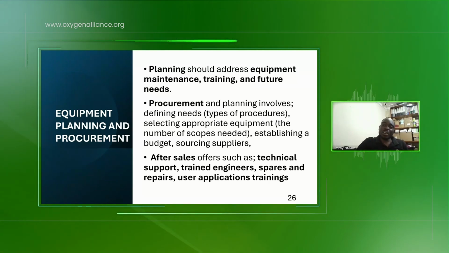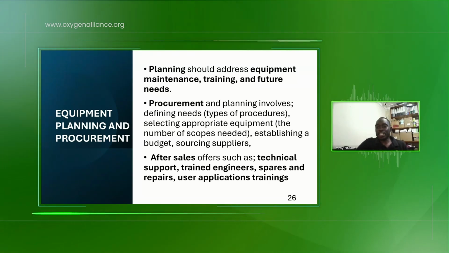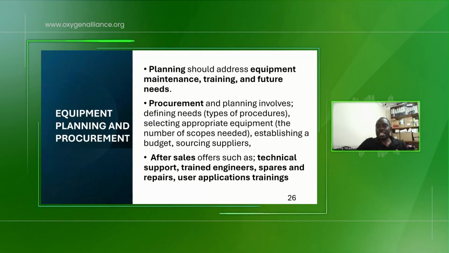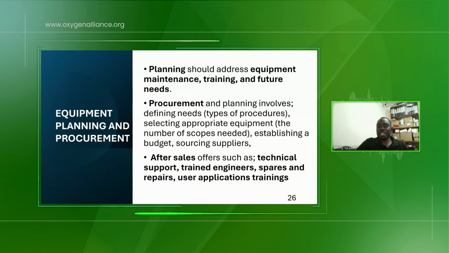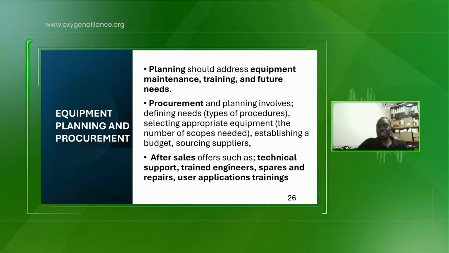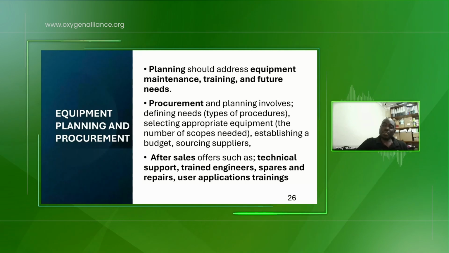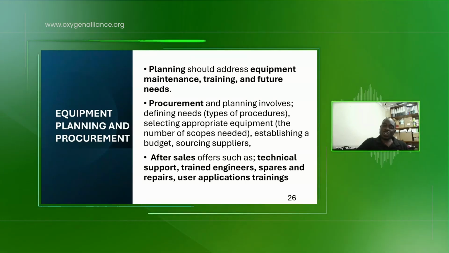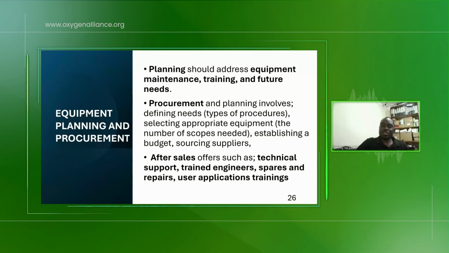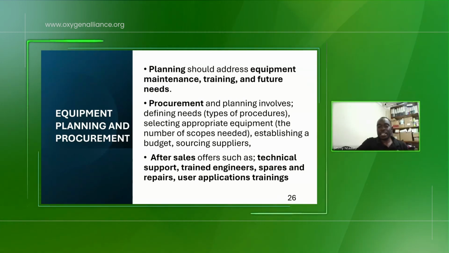Another thing is, do they offer training for the staff and also for the engineers? Also, for future needs, I need spares. If I have a broken down scope, are they able to provide solutions? This is very key when you're planning for an endoscopy tower, because remember I said handling is key. So training has to be there. They have to train your users. They have to train your biomedical engineers.